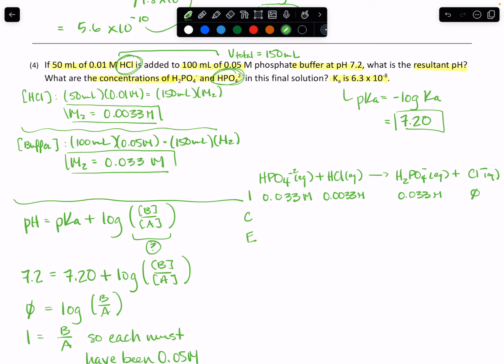All right, we look at the two reactants. We lose all of the acid, 0.0033 molar. So subtract that out, and then I'm going to gain that on the product side.